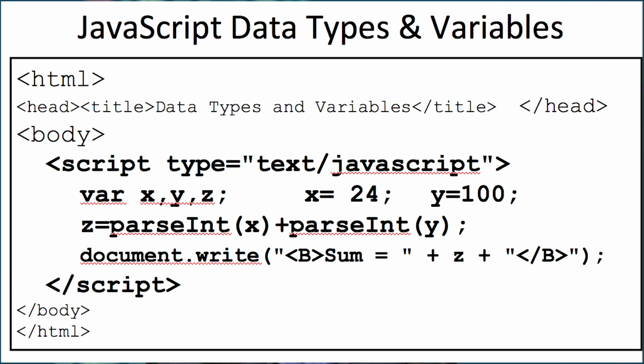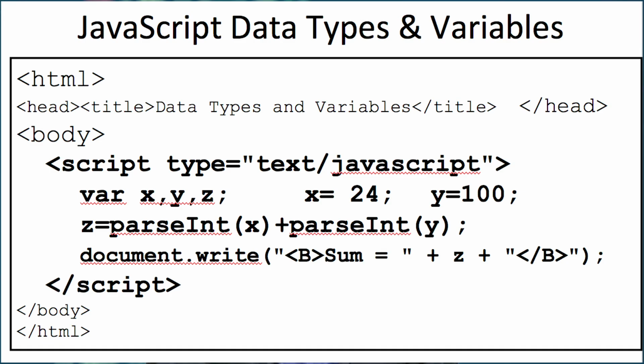So why are we using parseInt here? Because the basic nature of a JavaScript variable is string type. By using var we can declare a variable, and these variables basically store text or string type of data. So we must convert this data into integer form.